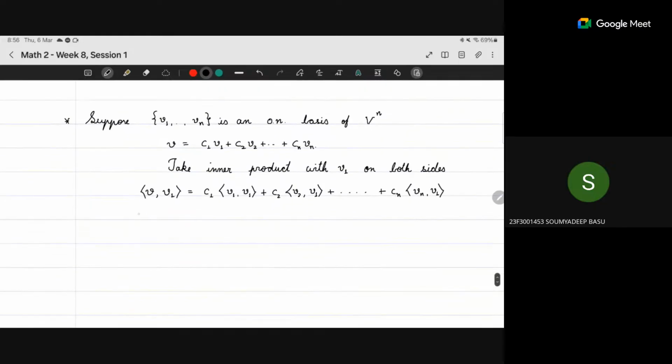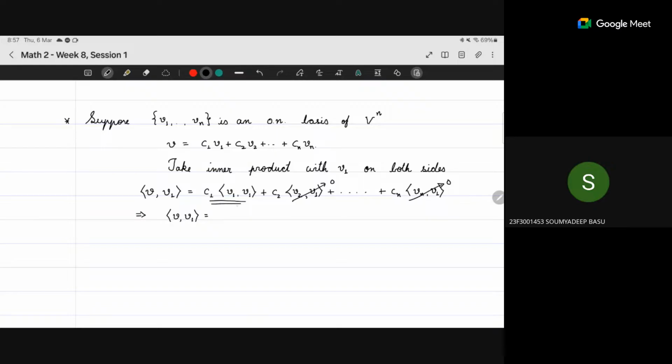So what's the obvious next step? We keep the left hand side as it is, but what happens at the right hand side? Except the first term, all of them become 0 because it's an orthogonal set. V2 with V1 is 0, V3 with V1 is 0, Vn with V1 is 0.